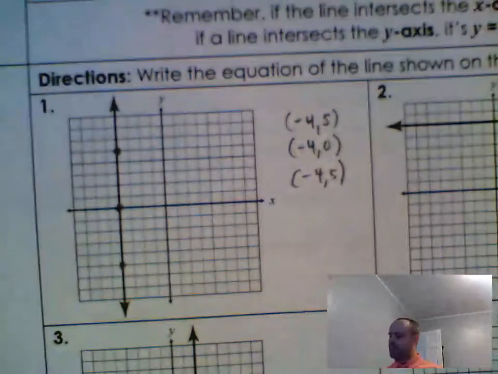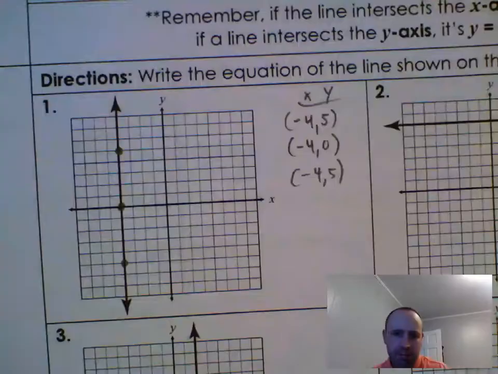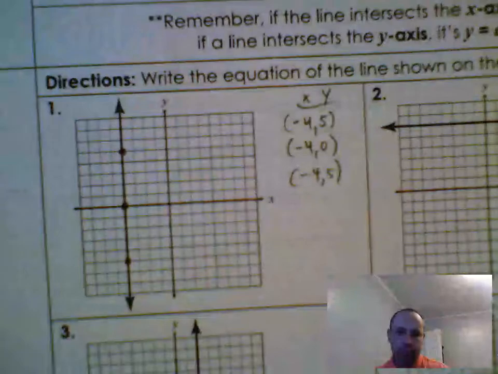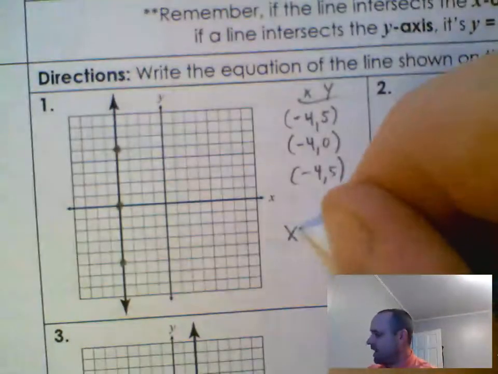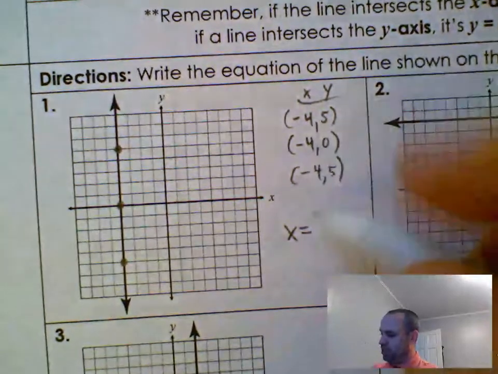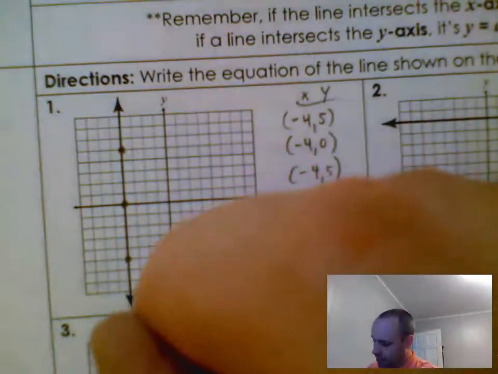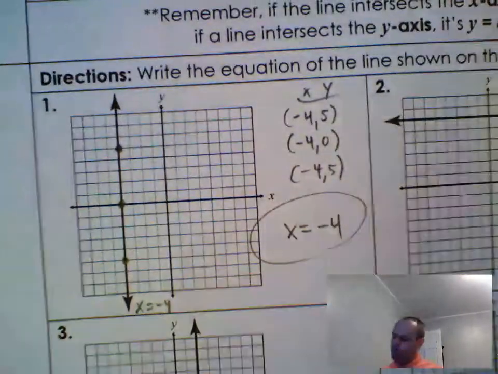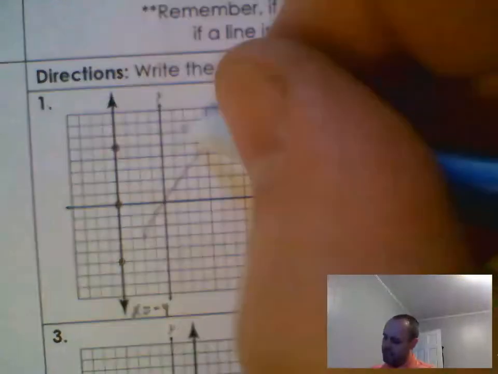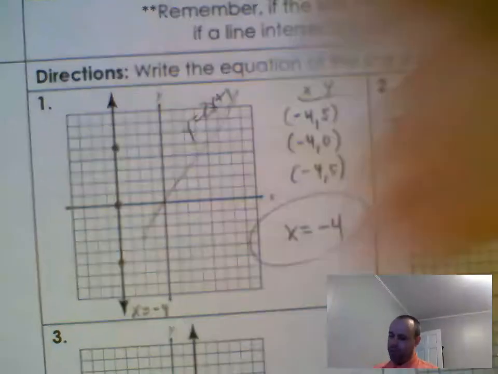So in this case, what is always the same? Is the x always the same, or is the y always the same? Since x is always the same, this one's going to be x equals, and in this case, it's always -4. So there's your answer. So this line is x equals -4. All right, remember when we were doing diagonal lines and we would say y equals 2x plus 1 or something like that?